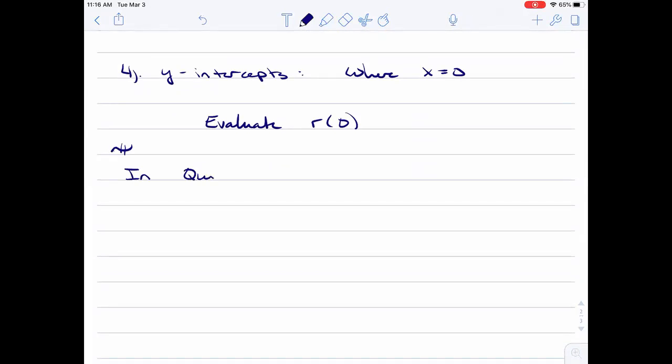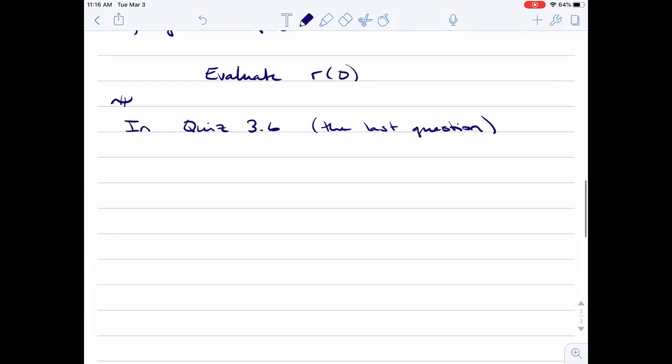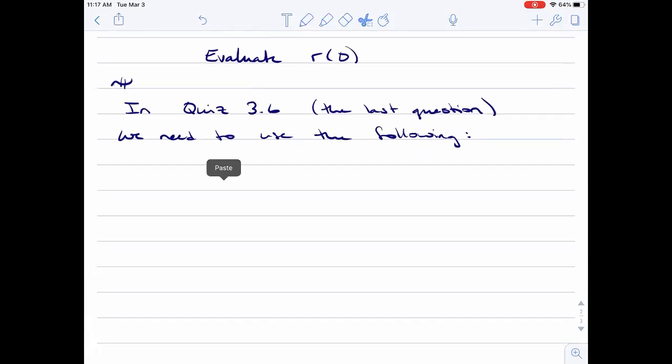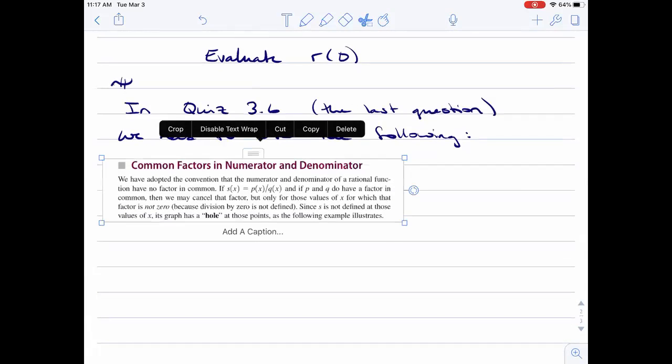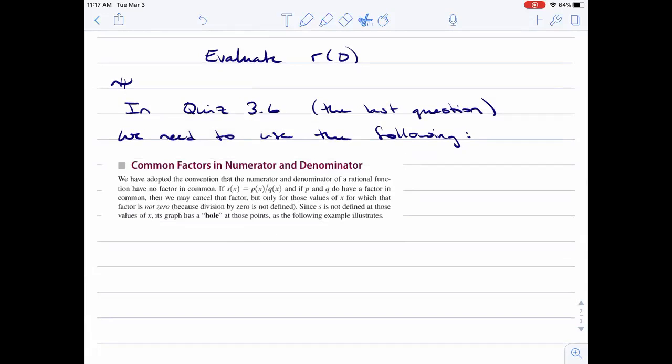In quiz 3.6, the last question, we need to use the following. I've stolen the common factors in the numerator and the denominator.